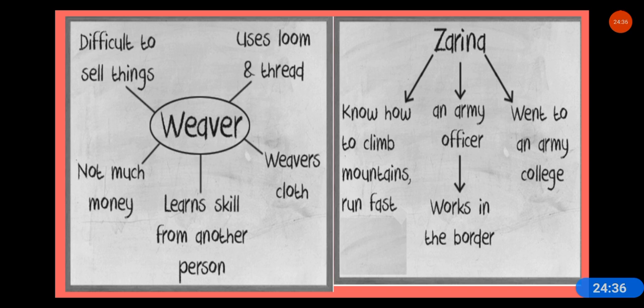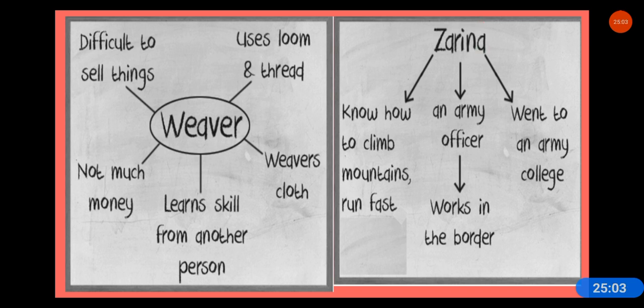Okay, next is Jarina. Let's talk about Jarina. It is about tools and training. Jarina knows how to climb mountains and run fast. Jarina is an army officer, works in the army, and she works at the border. She went to an army college.